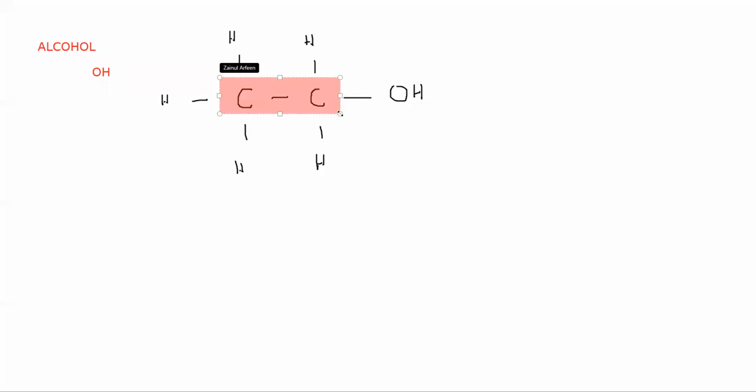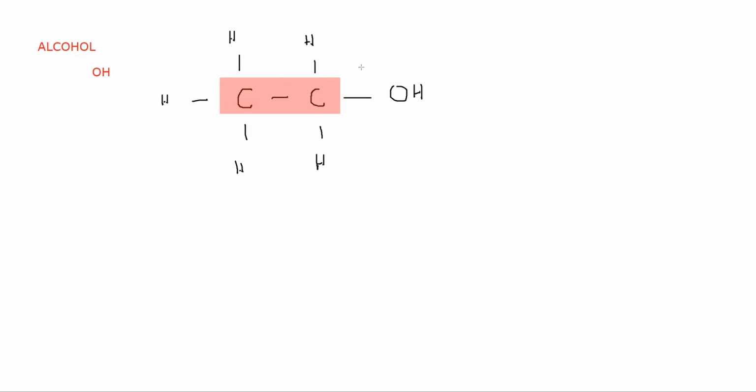How do we name these alcohols? For example, if there are two carbon atoms, we select the longest carbon chain. So here you can see these are the two carbon atoms.